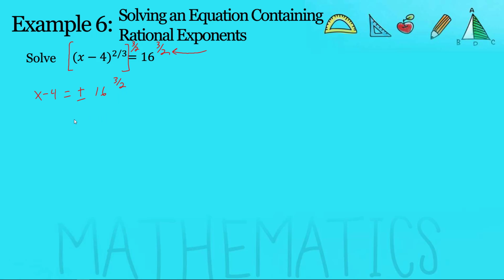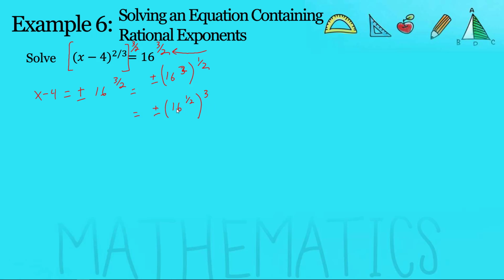Okay? And now to evaluate 16 to the 3/2 power, we can write that as plus or minus the square root of 16 cubed, or we can evaluate this as plus or minus 16 raised to the 1/2 power, cubed.